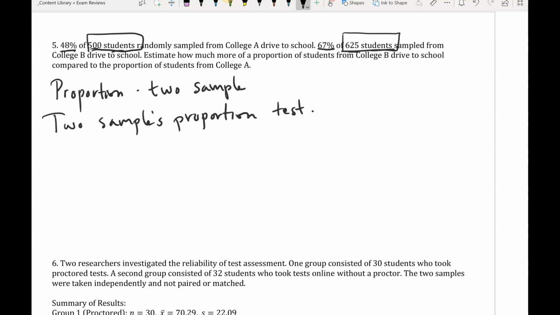That's the key difference. We're comparing proportions in this case, and we're comparing proportions from two different populations. That's what makes it a two-sample test, right? Two different populations. And so let me write those. Two populations. And those populations are College A and College B.